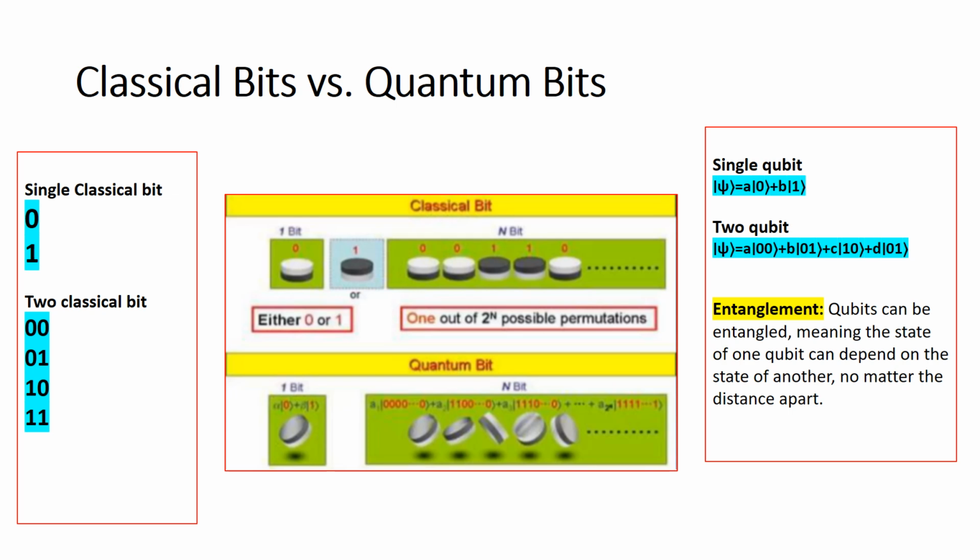This picture shows the classical bit is represented either by 0 or 1, that's denoted by a coin, either white side on the top or the black side on the top. Two different possibilities. Whereas in a quantum bit, the same coin is not aligned exactly up or down.